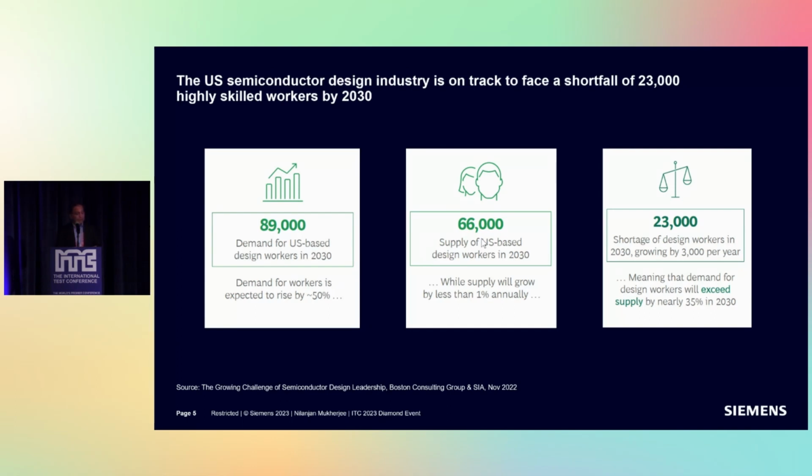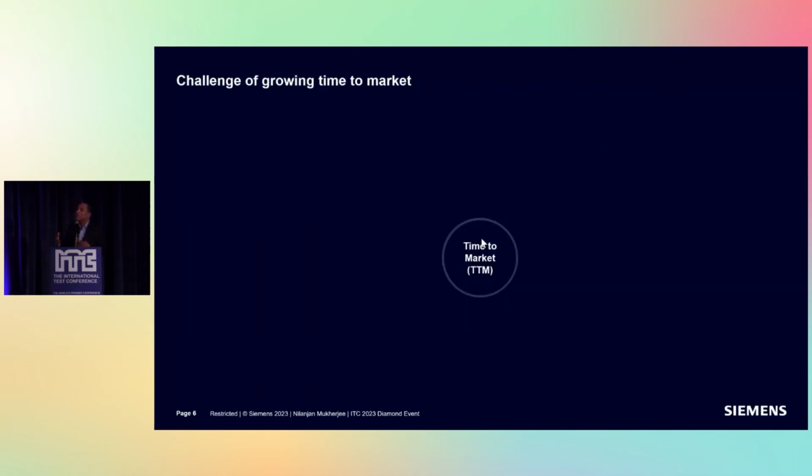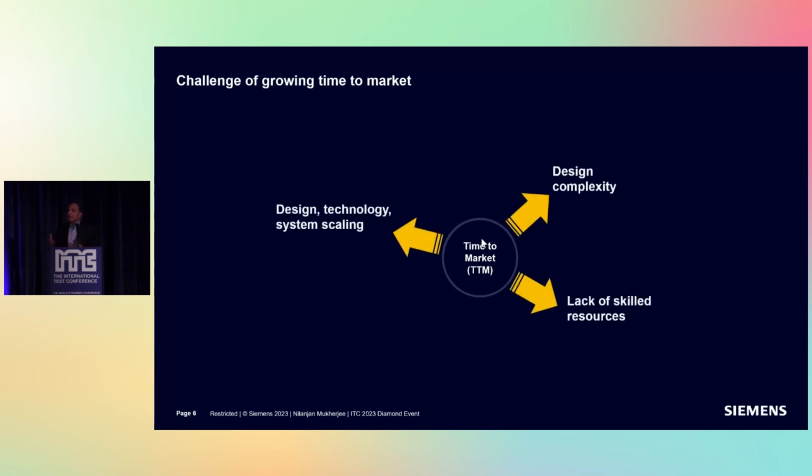So what did we do? What are some of the challenges of growing time to market? The factors that affect the time to market are design, technology, and system scaling. As we move to lower technology nodes, for example from FinFET to gate-all-around to nanosheets, the complexity of the design is increasing.